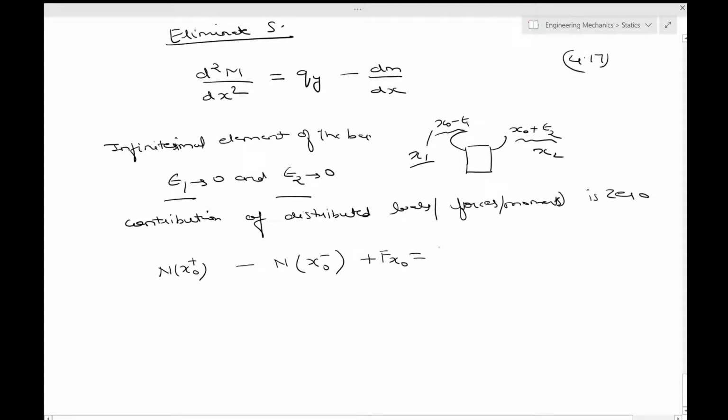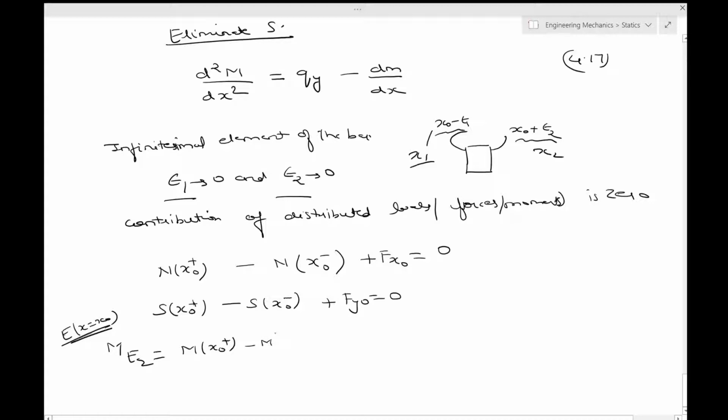This is equal to 0. Similarly, you will have S of x naught plus minus S of x naught minus plus Fy naught is equal to 0. And then you can have M at e. So e was the point at which x was equal to x naught. So at this point, M of x naught plus minus M of x naught minus plus M naught is equal to 0.